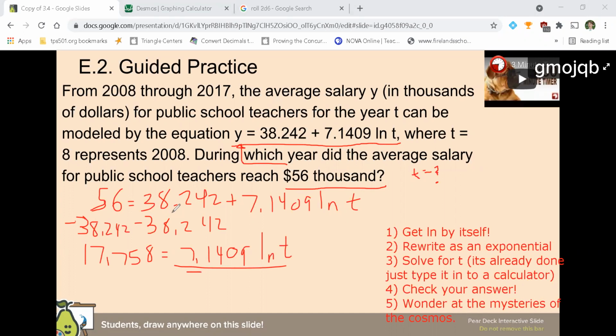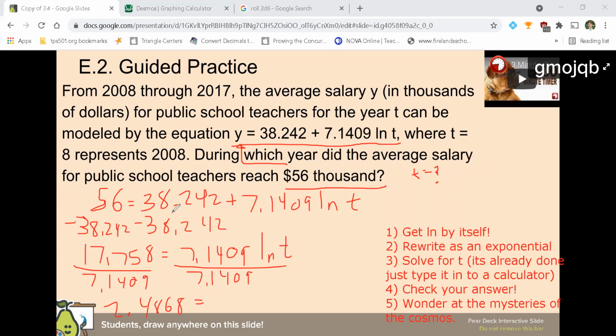Divide. Okay, I'm going to write the answer in a very particular way, if that's okay with you. You should get 2.4868.